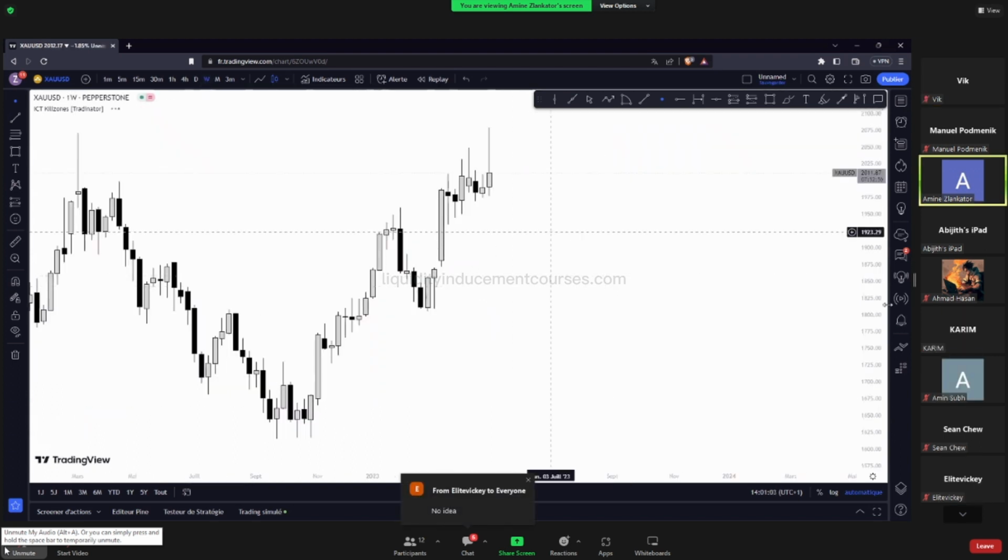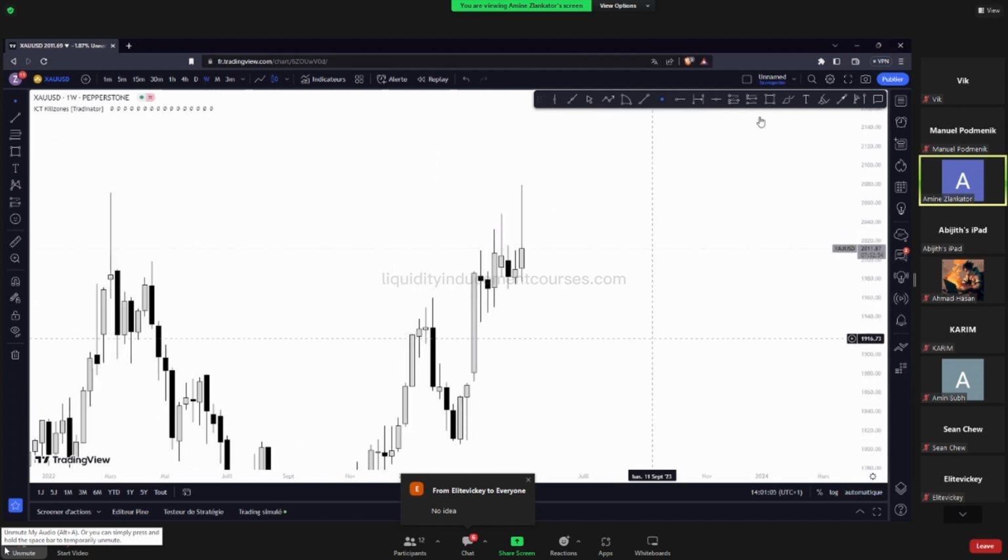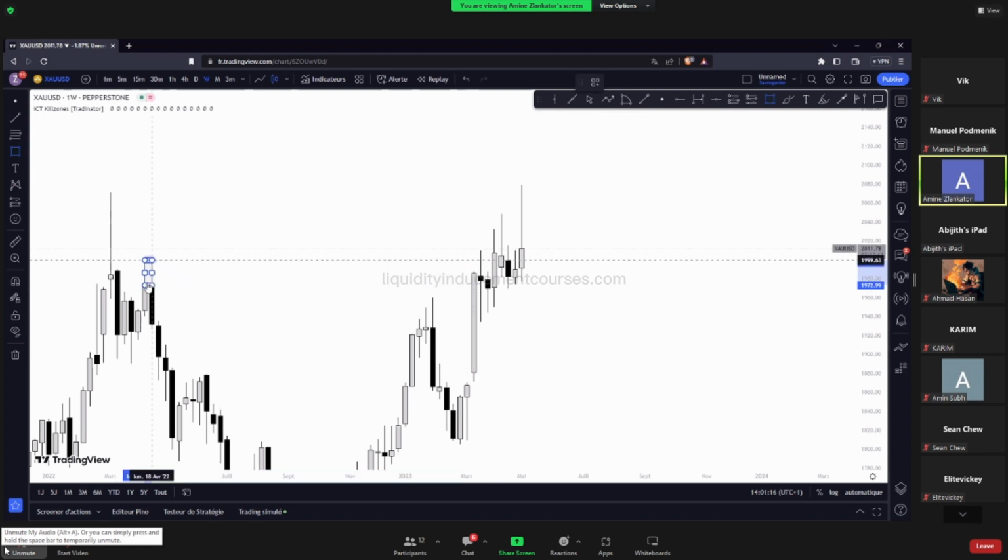So you look at weekly, and then you simply look for breakouts, not levels, breakouts. Let's say you have a wick right here, so it's not just the level. You take the level and the wick, and if this gets broken, you assume weekly is bullish. Then you look at daily.